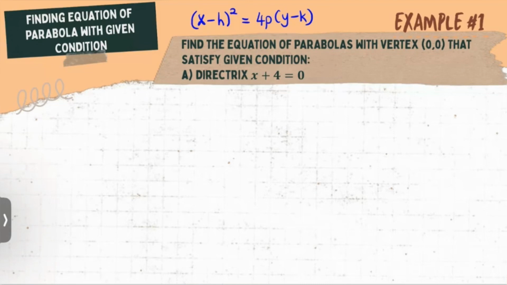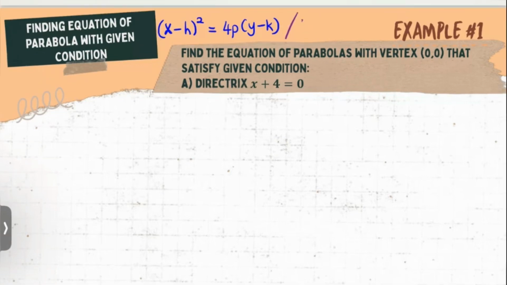Okay, so ini kalau dia adalah x square lah, dia buka atas ataupun bawah. Ataupun lagi satu kita ada another equations, y minus k squared equals to 4p x minus h. So ada dua equations ini.